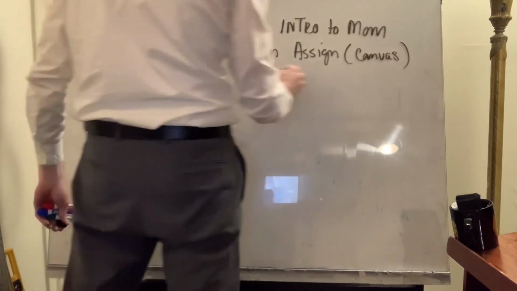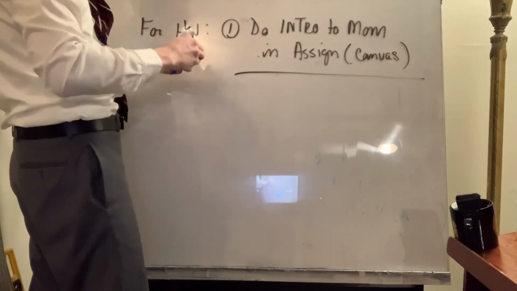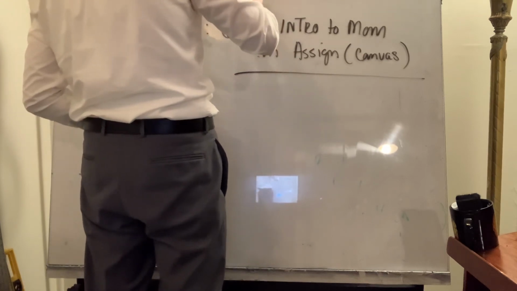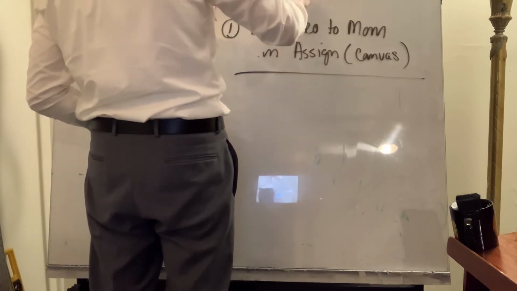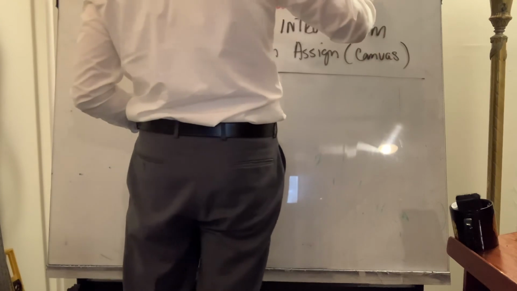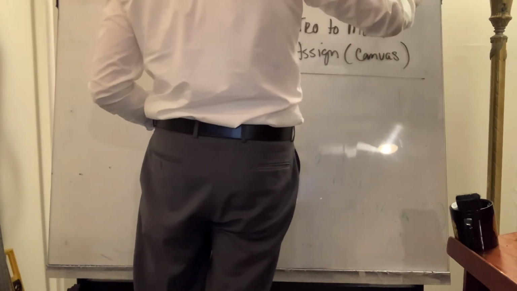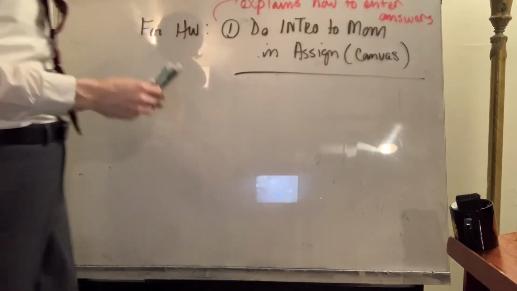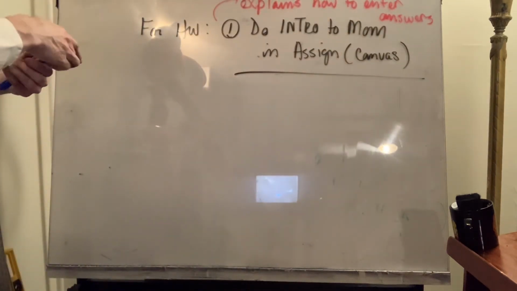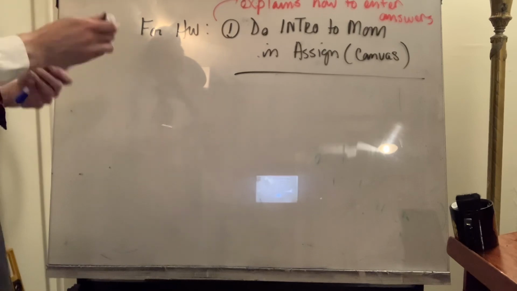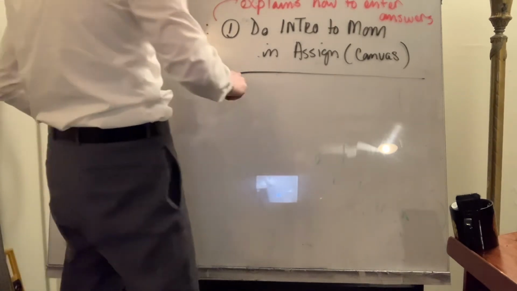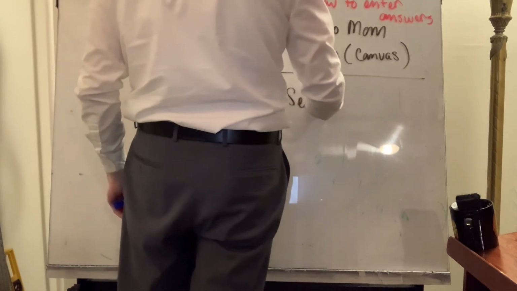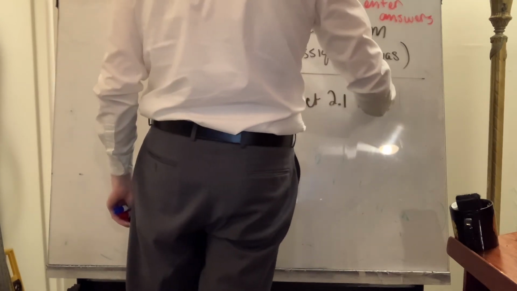First and foremost, this will explain how to enter answers into the software, MyOpenMath. You definitely want to do that. We just covered section 2.2, we, the royal we. So at this point it is safe to do section 2.1 practice.